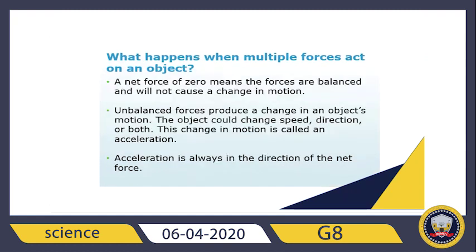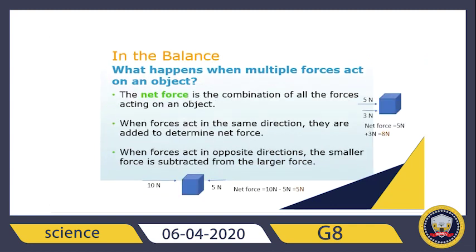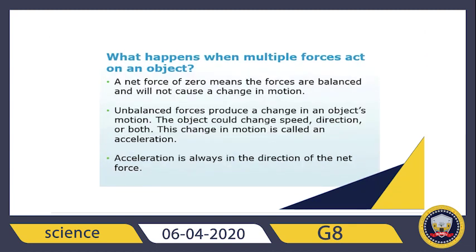Now, guys, a net force of 0 means the forces are balanced and will not cause a change in motion. So if we got 0 here, guys, then this means that this object will not move.